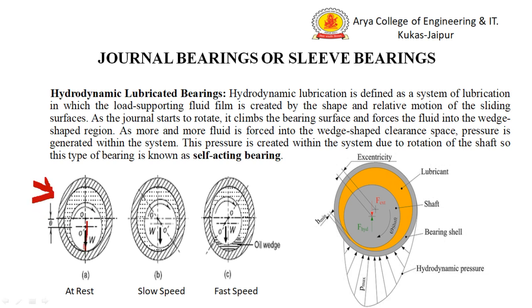the load is acting downwards, and when the journal is at rest, it will touch the bottom of the bearing. As the journal starts rotating, it rolls up to the right, and as the speed increases, the journal forces the fluid into a wedge-shaped region.